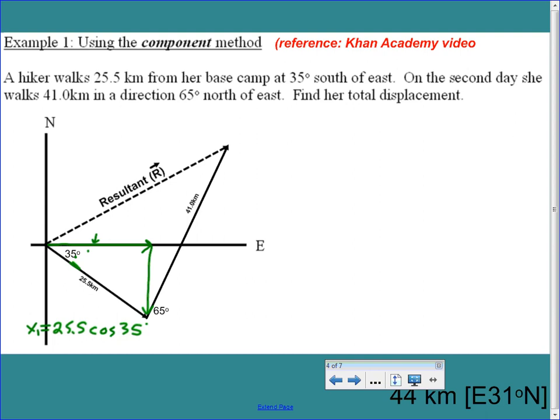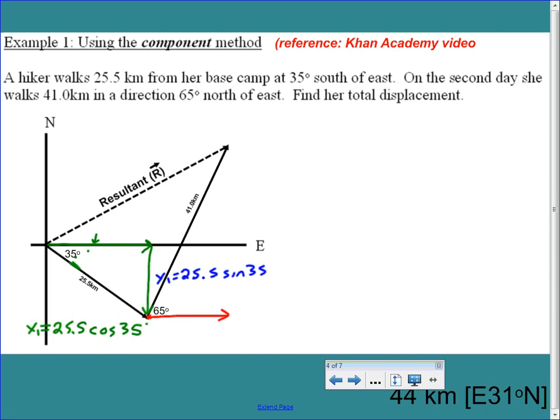Our y value for that vector is going to be 25.5 sine 35. Now the second vector, I'll do this in red because I'm running over top of other things. The second vector starts here, and its horizontal component goes to there.